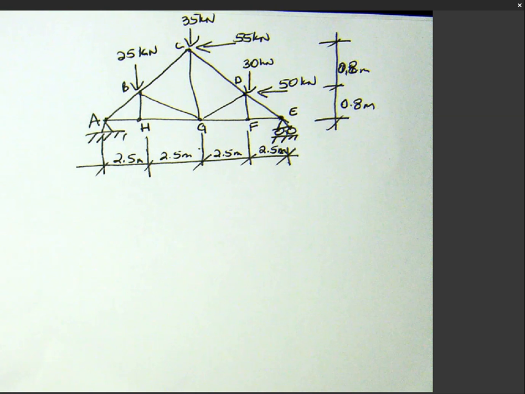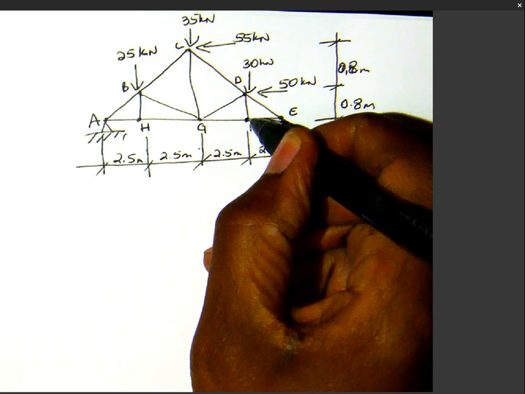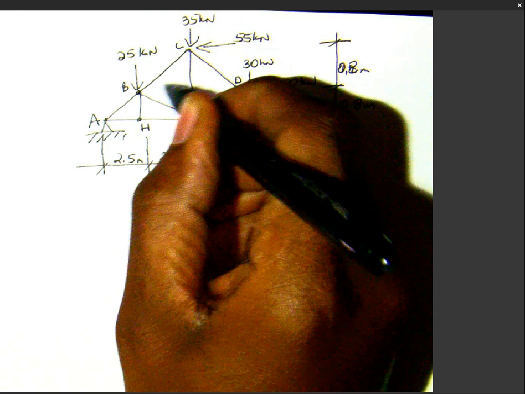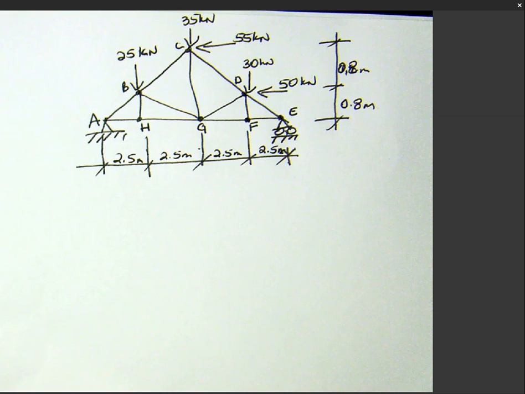So the nodes are pinned, meaning they are pinned or hinged. Think about the hinge that you get from the door at home, where whenever you apply a force, then the door will open. If you apply the other side, the door will close. So there are no moments that are developing in those joints.